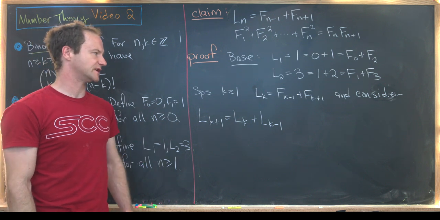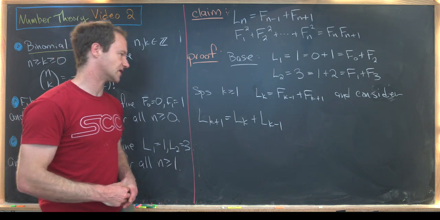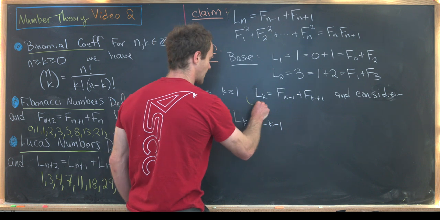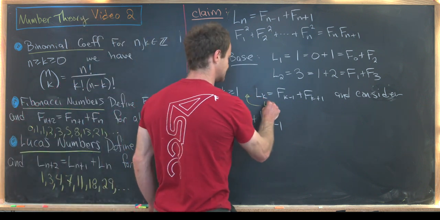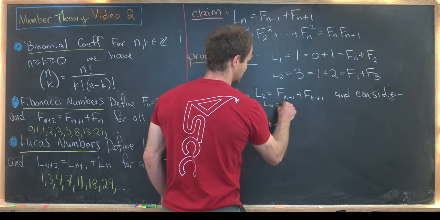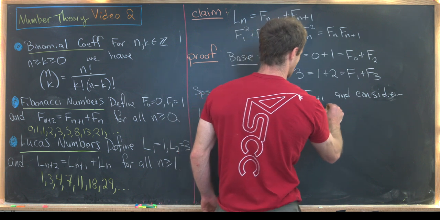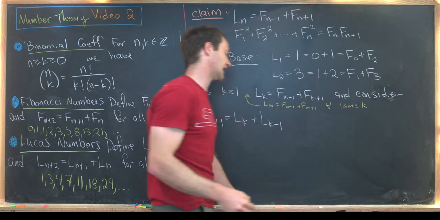So really what we're doing here is something called strong induction instead of induction. Those are equivalent, but just to carefully point that out, what we're really assuming is that Lm is equal to Fm minus 1 plus Fm plus 1 for all m between 1 and k.